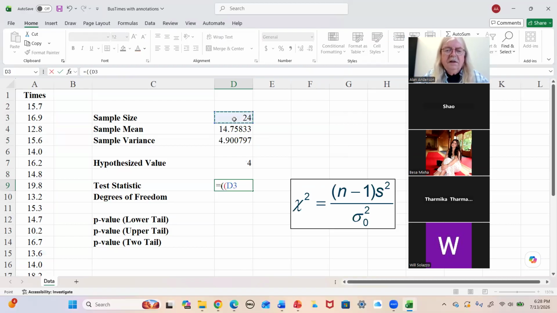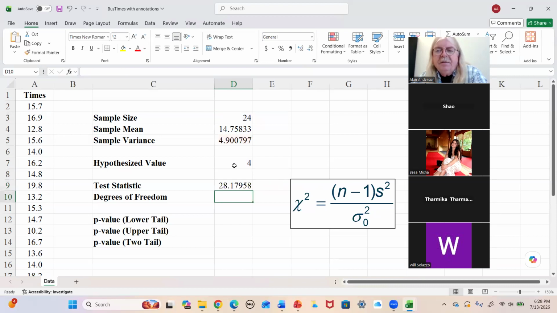N minus 1 times the sample variance divided by the hypothesized value. Okay. And that's going to give us our test statistic. Yes, approximately 28.18. The degrees of freedom is n minus 1 for this application.